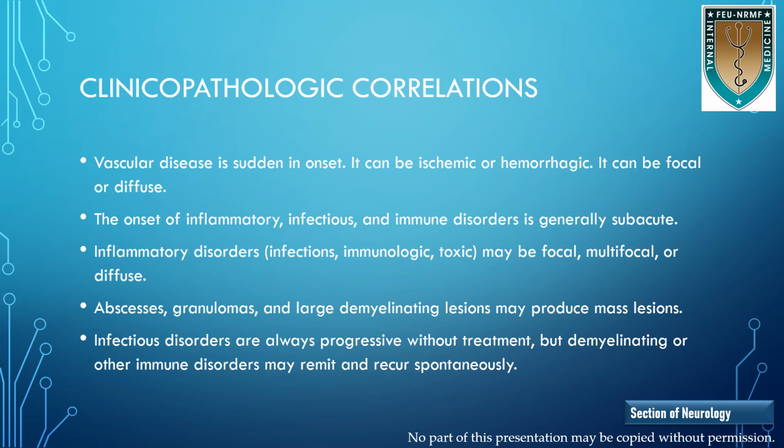Inflammatory disorders like infections, immunologic, toxic, may be focal, multifocal, or diffuse. Abscesses, granulomas, and large demyelinating lesions may produce mass lesions. Infectious disorders are always progressive without treatment, but demyelinating or other immune disorders may remit and recur spontaneously.